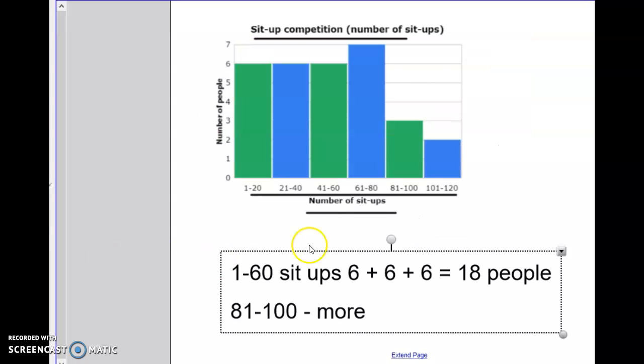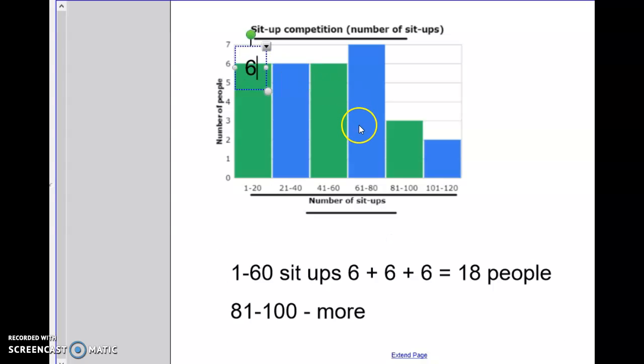Let's go back to this histogram. If I said how many total people did sit-ups, then that means all of the people.